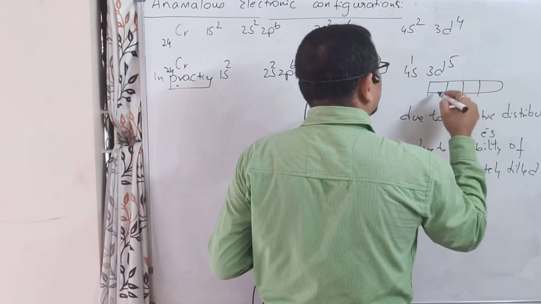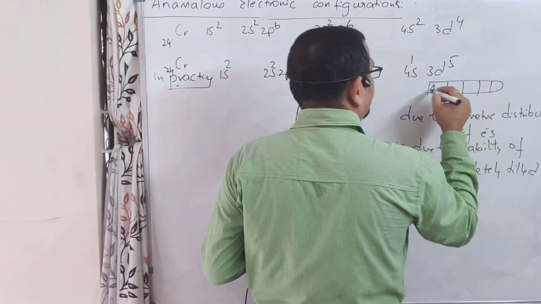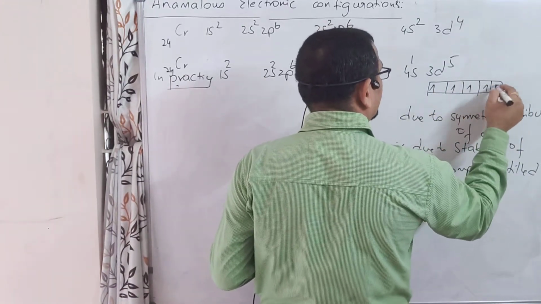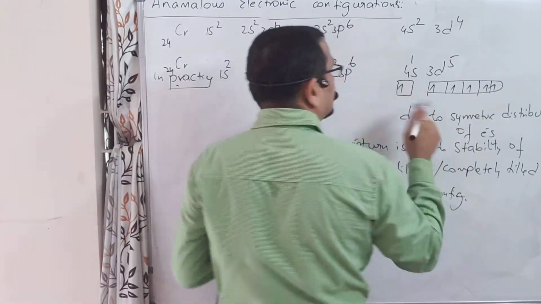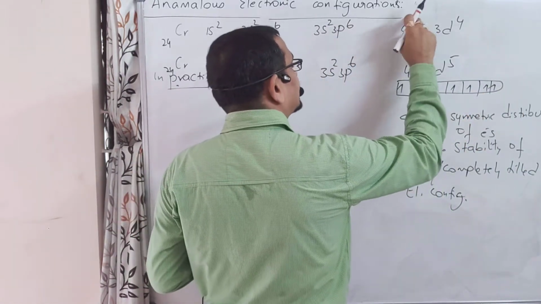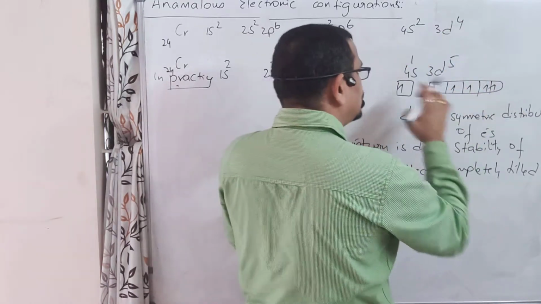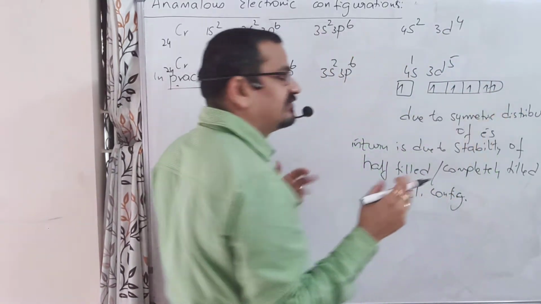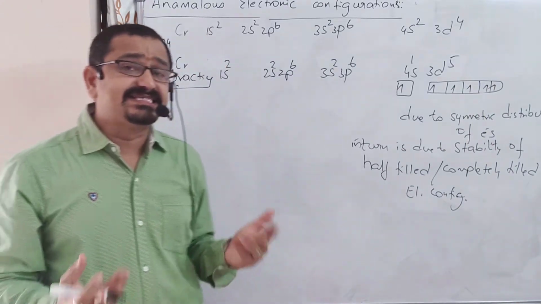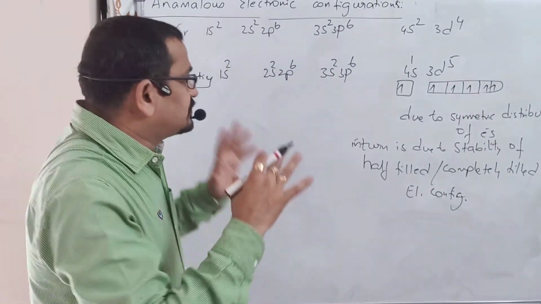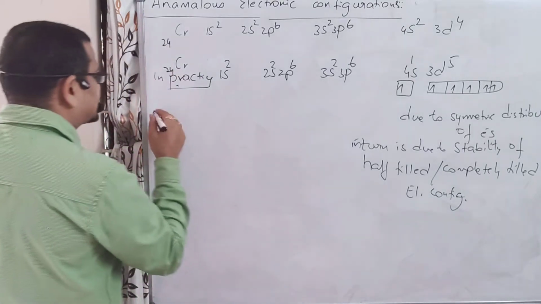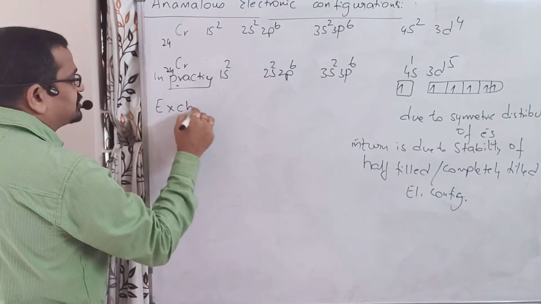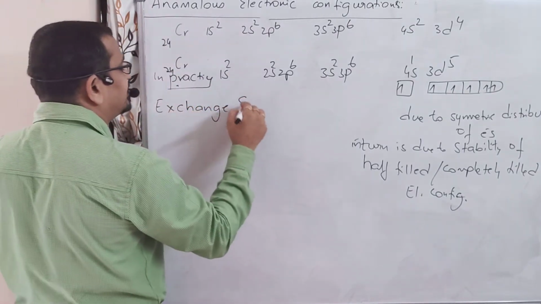They noticed that because of this symmetry, 3d5 means 1, 2, 3, 4, 5. Because of this symmetry, 4s2, 3d4 is getting changed to 4s1, 3d5, because of the symmetric electronic configuration which is assigning stability to the atom. So this was clearly explained by using the exchange energy concept.